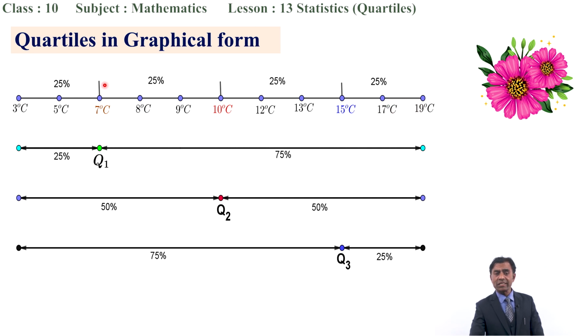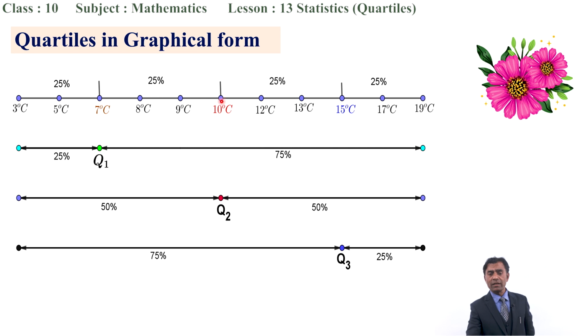Now, this 7 degrees divides the data: the lower part is 25% of the whole set of data, and the upper part of 7 degrees is 75%. So Q1 is that value which divides the given set of data into lower 25% and above 75%, which is mentioned here.